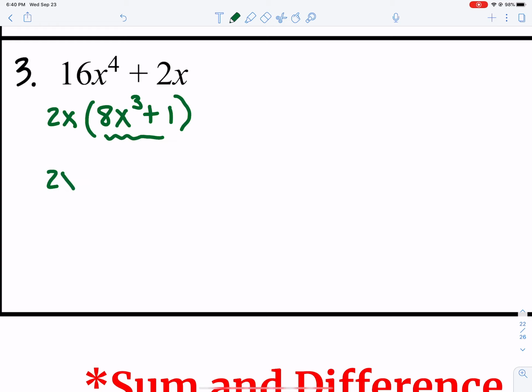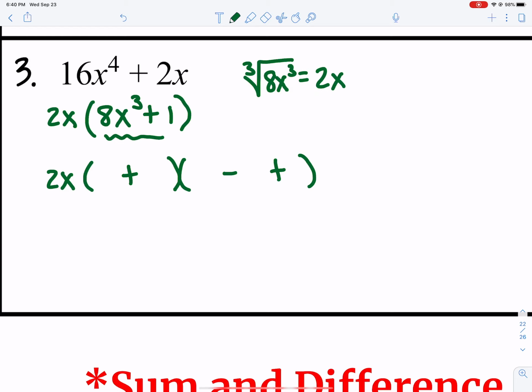So we've got to continue and factor it into a binomial and a trinomial. We need plus, minus, plus. Same, opposite, always positive. The cube root of 8x cubed is 2x, and the cube root of 1 is 1. So let's put those in our binomial.